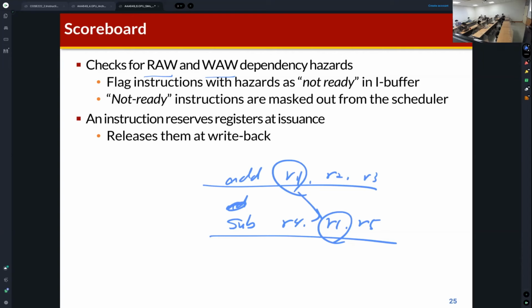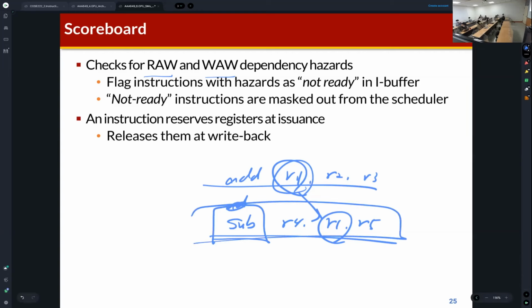So we will just check the data dependency. If this register does not have a valid value, it means that the result for this register is still being computed, and the scoreboard just checks the status of this register. If this register is not ready, then the sub instruction cannot execute.